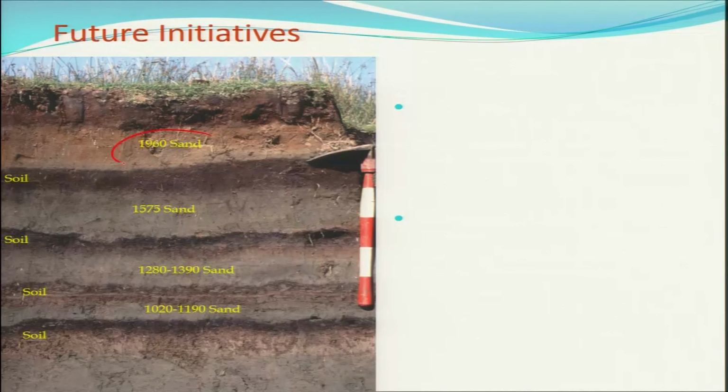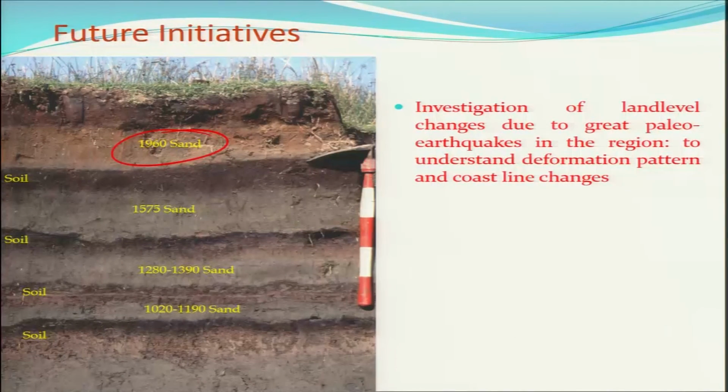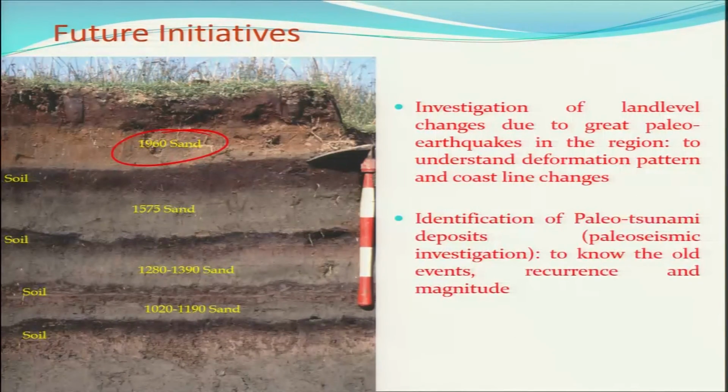This was not the only one responsible for such devastation. There was another in 1575, then during 1280 to 1390 AD, and another in 1120 and 1190. So we identified multiple events, and based on such investigations we can identify paleo tsunami events.